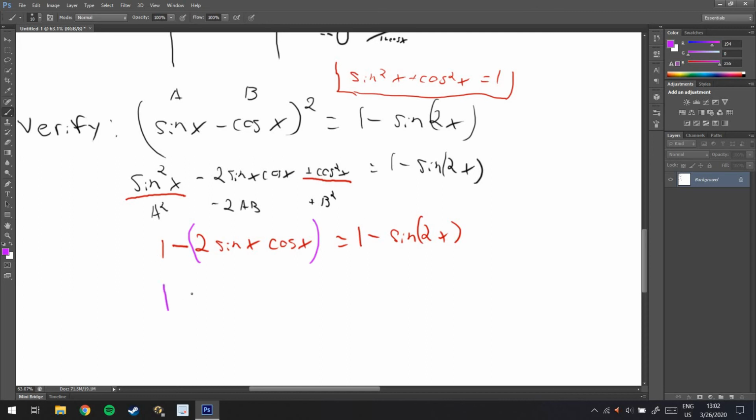So this is just 1 minus sine of 2x, which does indeed equal 1 minus sine of 2x. So this is a true trig identity.